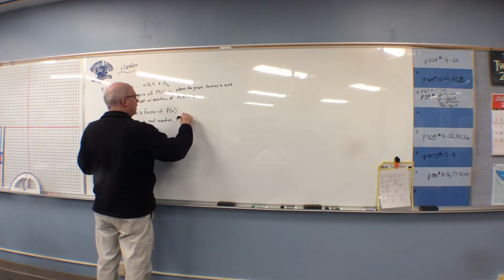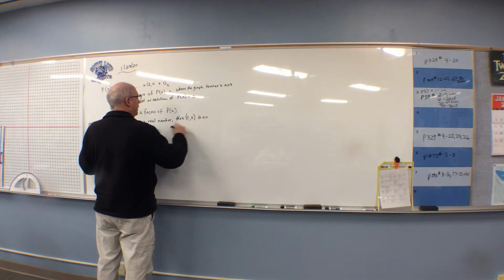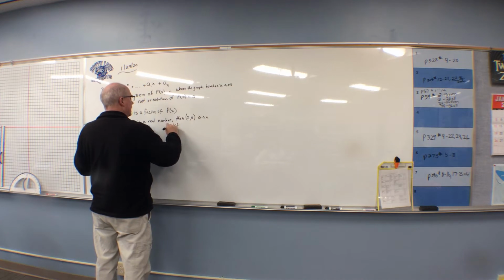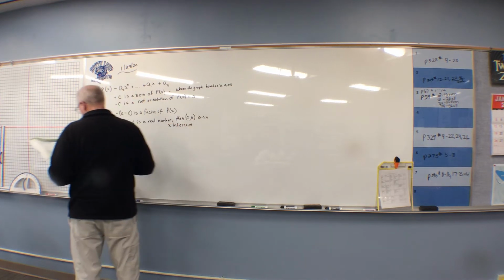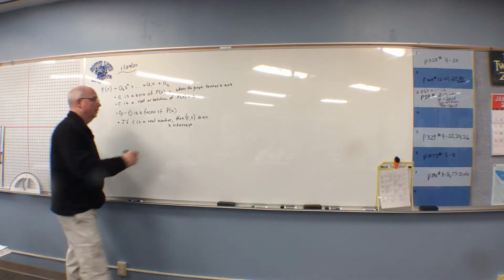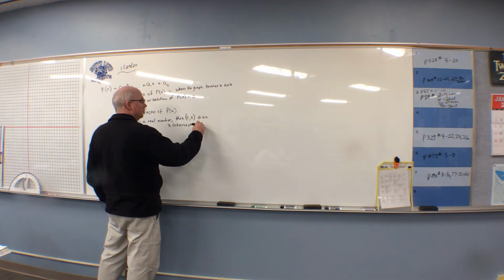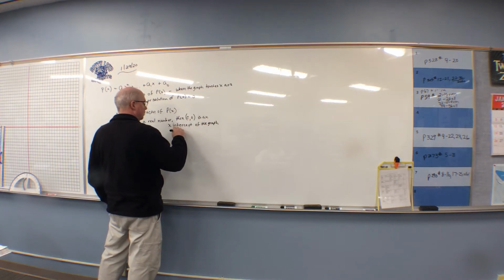Then c, 0 is an x-intercept of the graph of p of x.